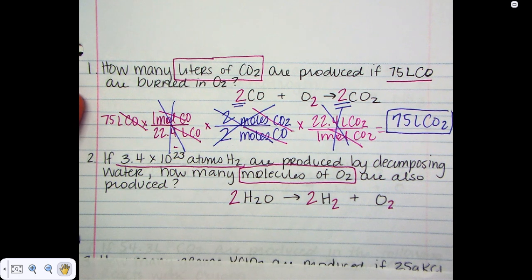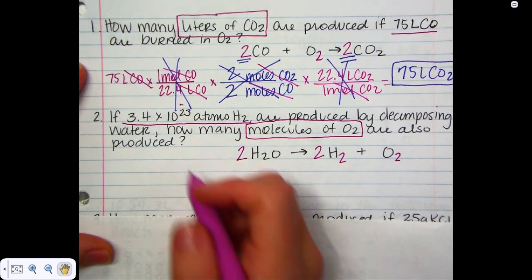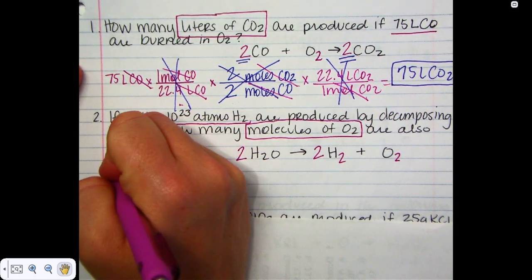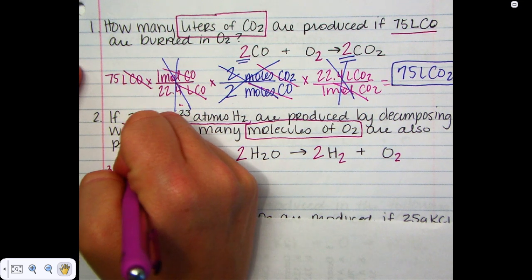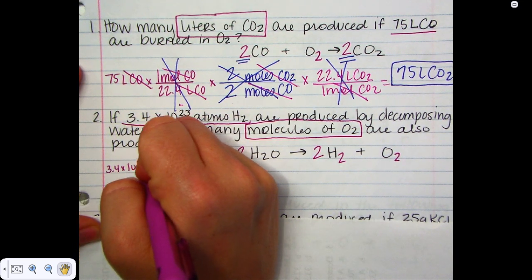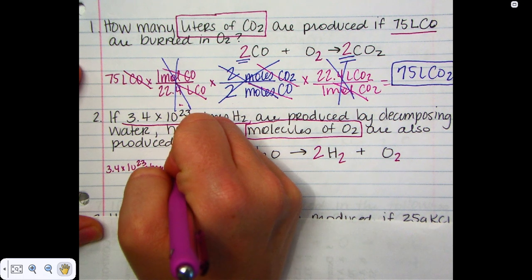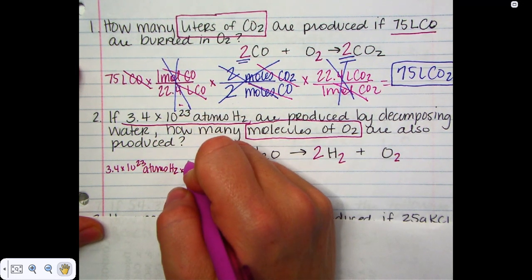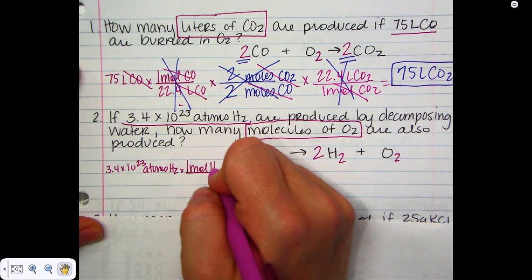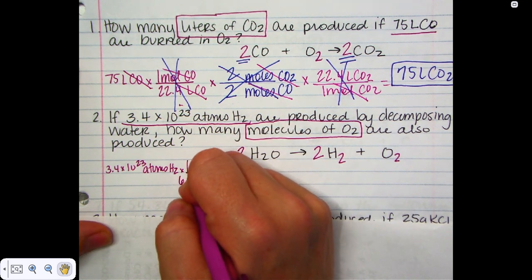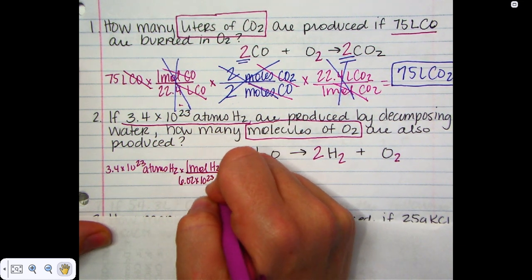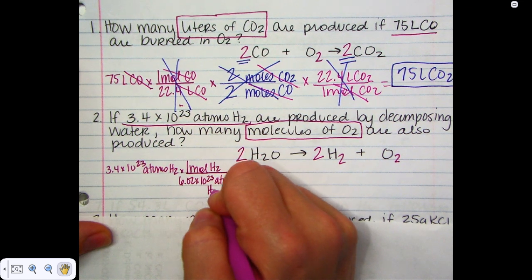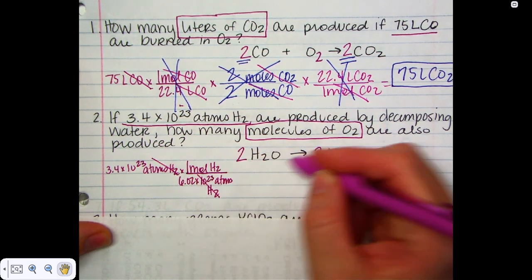All right, so starting with the number given, 3.4 times 10 to the 23rd atoms H2, times, I need to go to moles of H2. So 1 mole H2 over 6.02 times 10 to the 23rd atoms H2. That gets me out of atoms, puts me in moles.